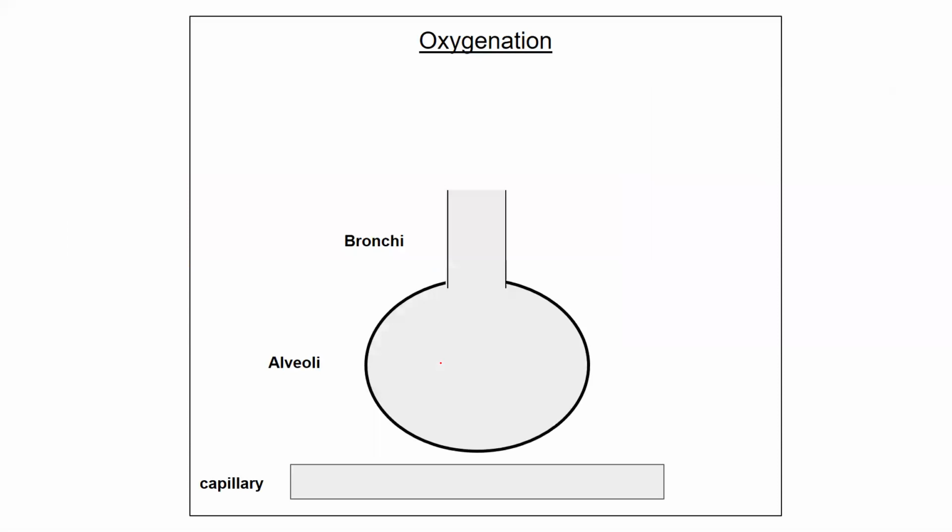So let's go through oxygenation, and let's go through the formula for oxygenation. Oxygenation equals area of the alveoli over thickness of the alveolar capillary interstitium times the partial pressure of oxygen in the alveoli minus the partial pressure of oxygen in the blood.